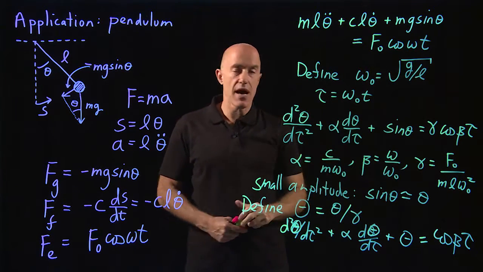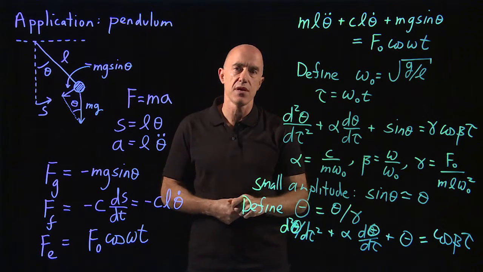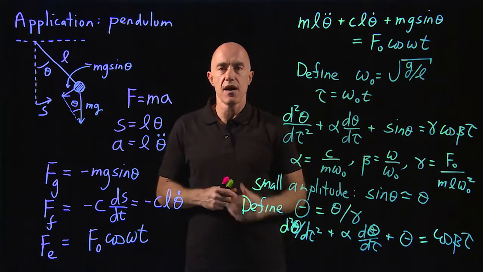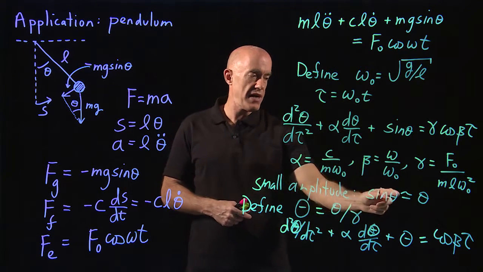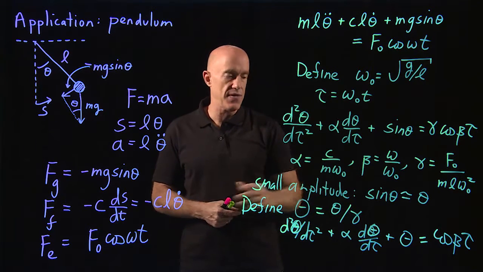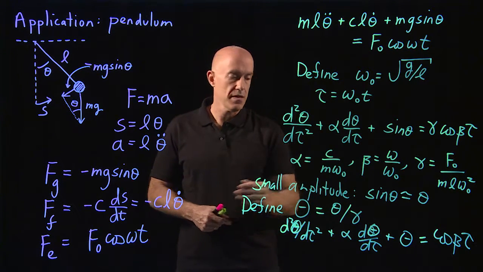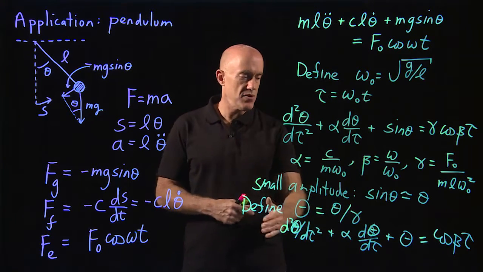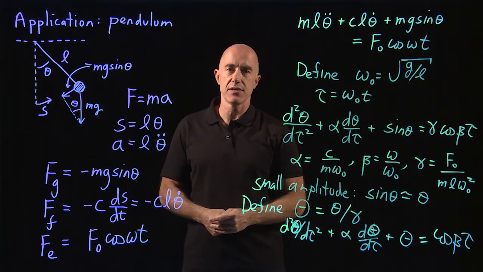Okay. On the other hand, if we want to make the connection to the previous two applications, we can consider a small amplitude of the oscillation. So we can make the linear approximation, sine theta approximately theta. Then we can rescale the angle theta by gamma, introduce a capital Theta, write the equation for capital Theta, and amazingly, we get exactly the same equation that we had in the previous two applications.